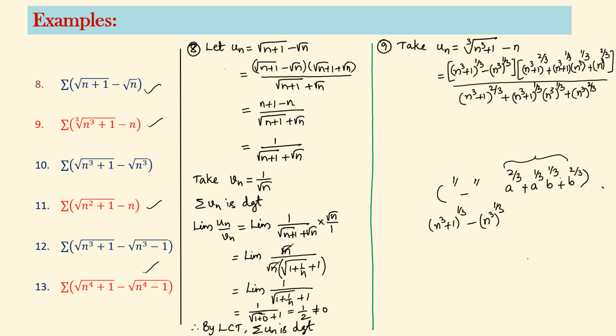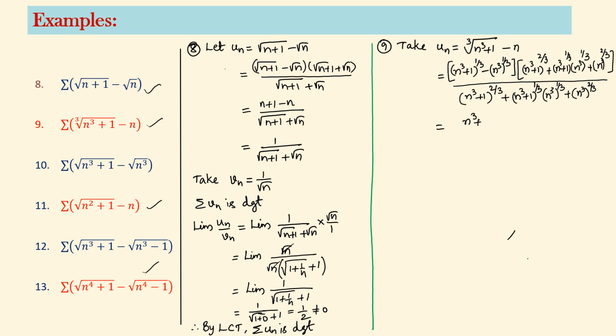So I'll erase this. Now the numerator will become a minus b, that is n cube plus 1 minus n cube.